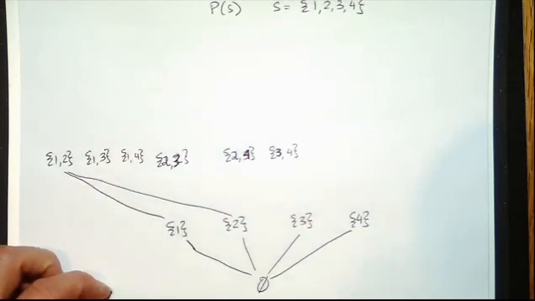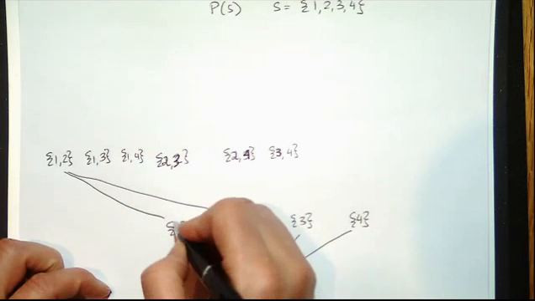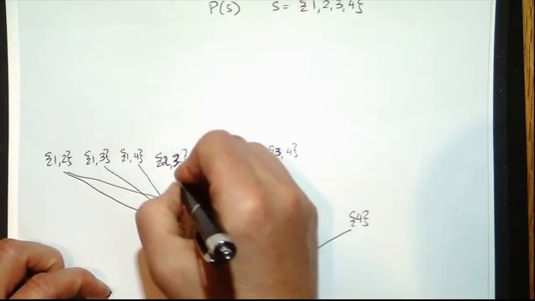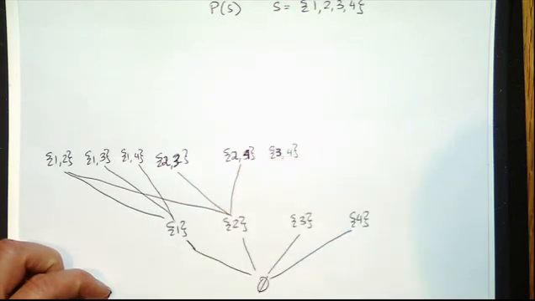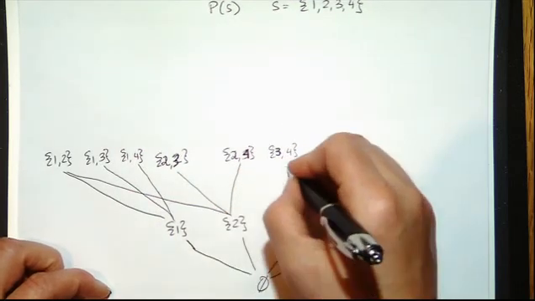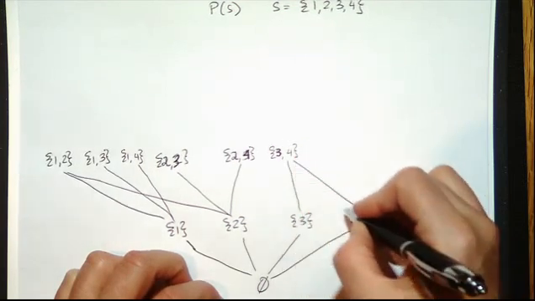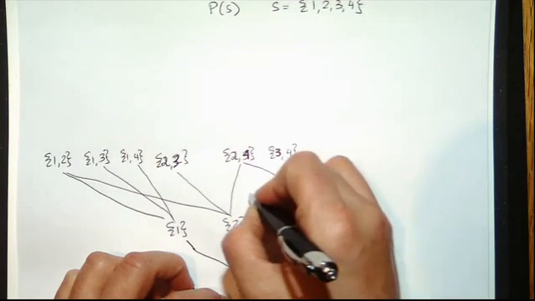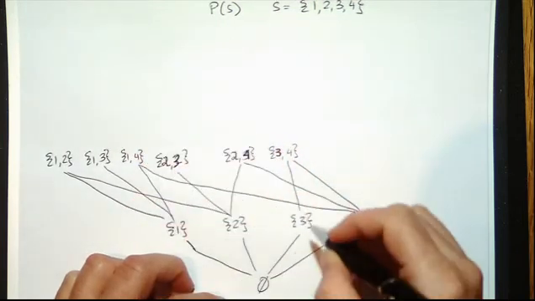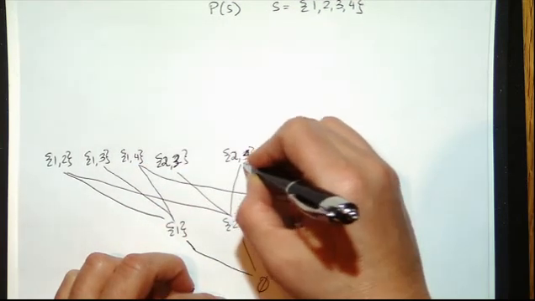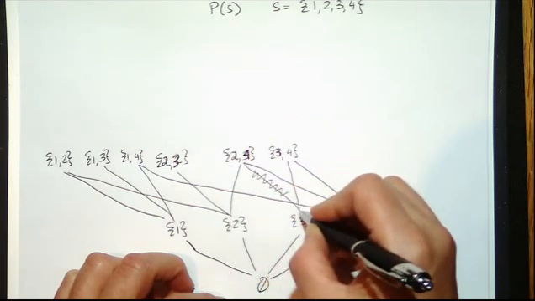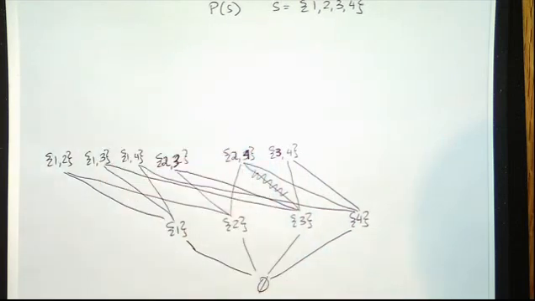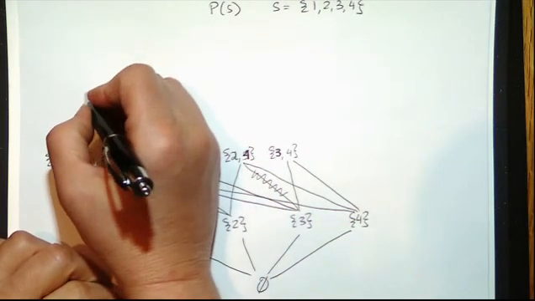So 1 is a subset of 1, 2, and 2 is a subset of 1, 2. And so on. So each of these should be a subset of 3 things. Oops, that was not a right one. Sorry about that. And then we have all the triples.